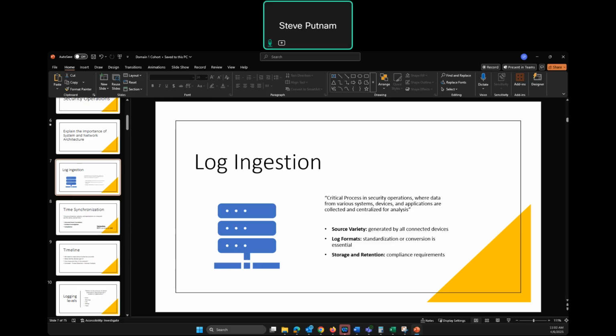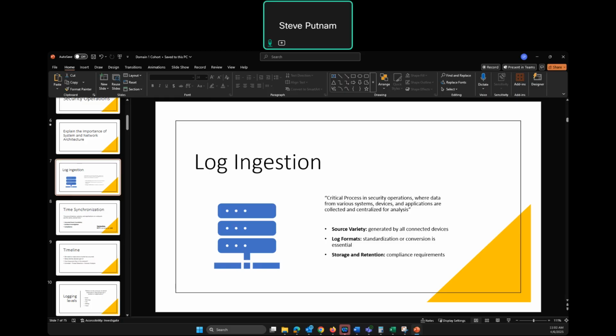Logs are generated by every device within your organization's network, like servers, firewalls, routers, workstations. Any of those things create a record of the activity in a log file. These log files are then ingested to a central location, and generally that is a SIEM tool, security information and event management tool.